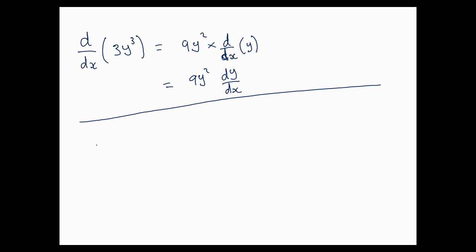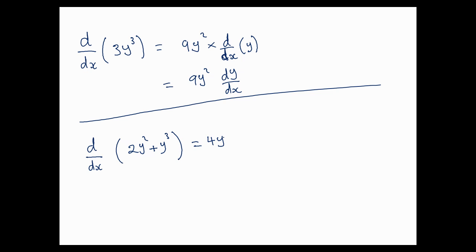And let's just take another example just to be sure. Let's take d dx of 2y squared plus y cubed. So first bit is going to be differentiate the outside function.